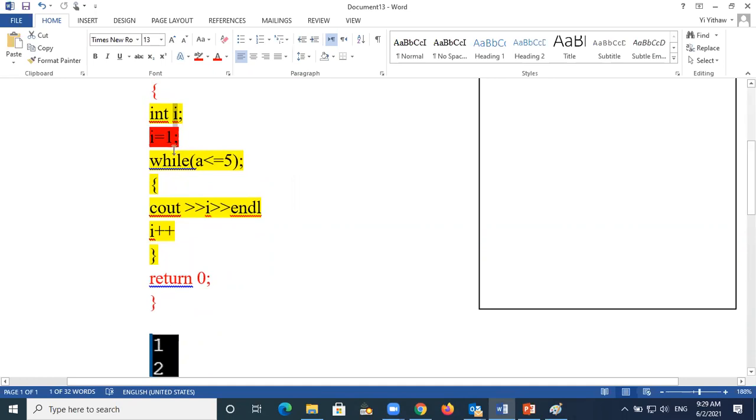The number will start from 1. And next, in the loop condition, they make another mistake. You declared it as I, so you cannot write A here. Again, they trick you, so you have to change it to I. So these are the things.